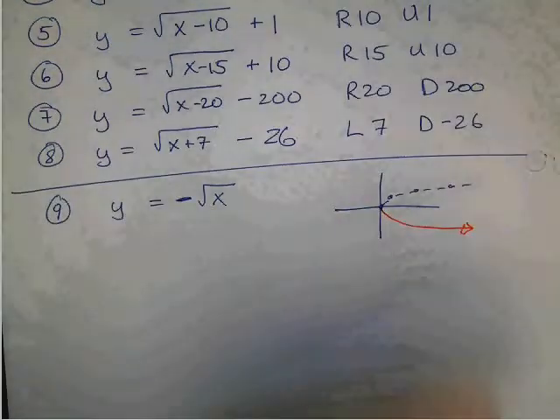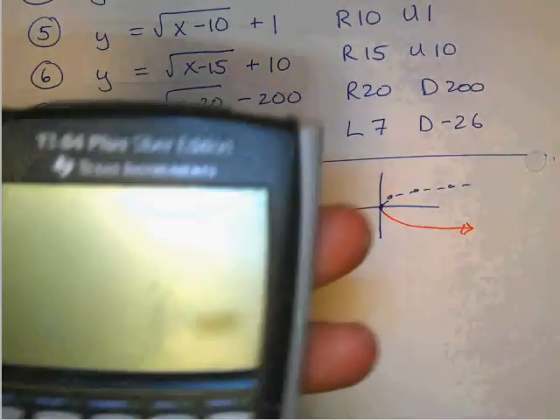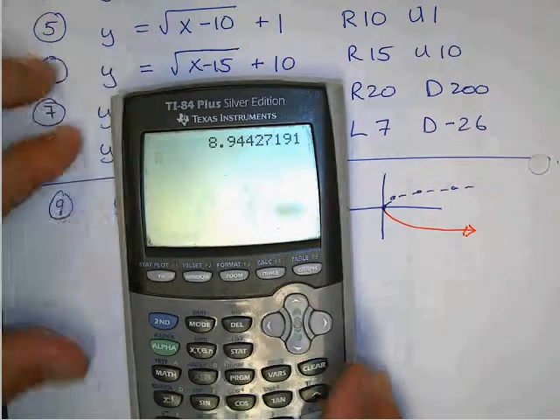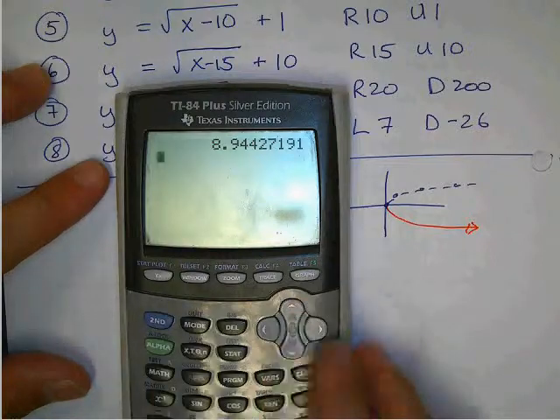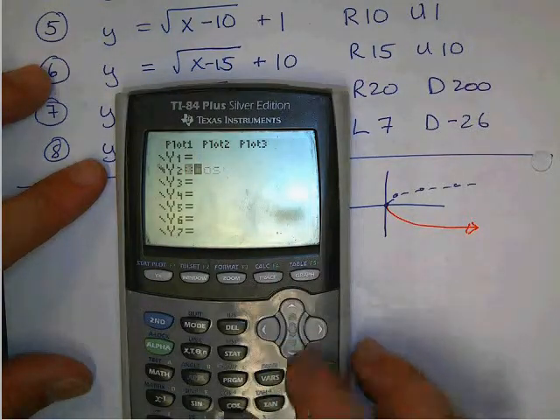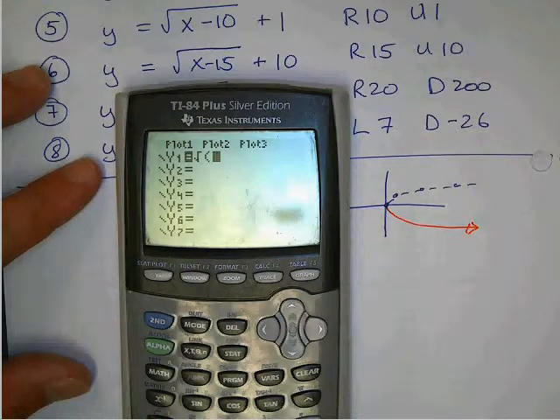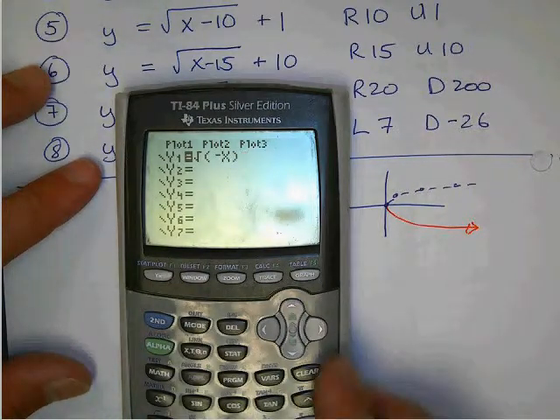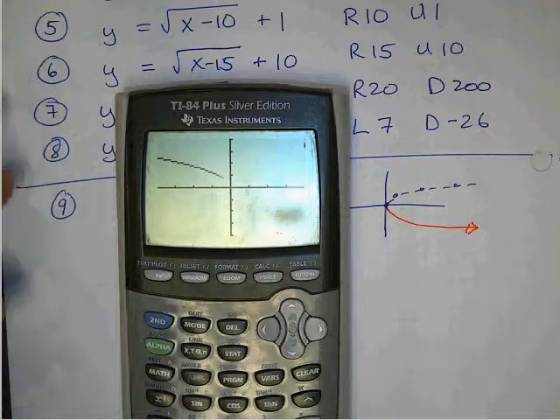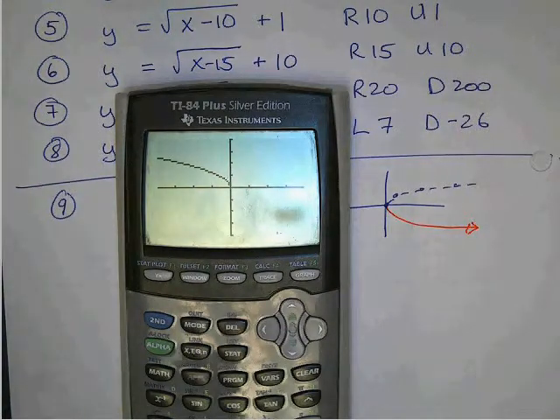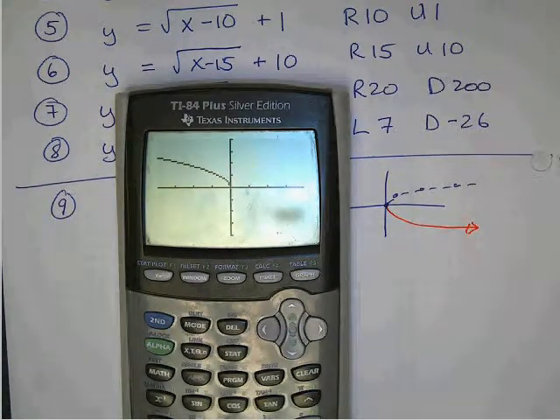Let's just do a little investigation to show you. See if I can put this on the screen. Clear out y. Let me delete that. So if you take the square root and I put a negative on the inside, just like you expected. So it's still that parabola shape though, isn't it?